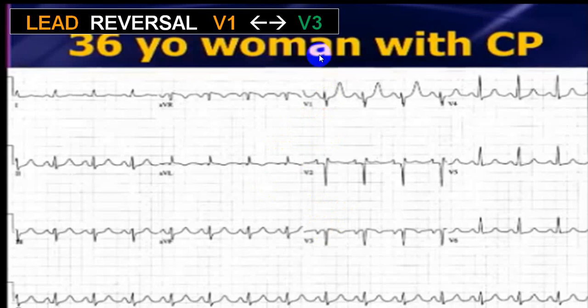So V1 lead was kept at V3 and V3 lead was kept at V1. So this changes what has happened. So interchanged lead reversal can also produce changes which sometimes can be mistaken as a STEMI mimic. Sorry, STEMI equivalent. So you must keep lead reversal in mind also. V1, V3 has been interchanged and that is producing some of these problems.